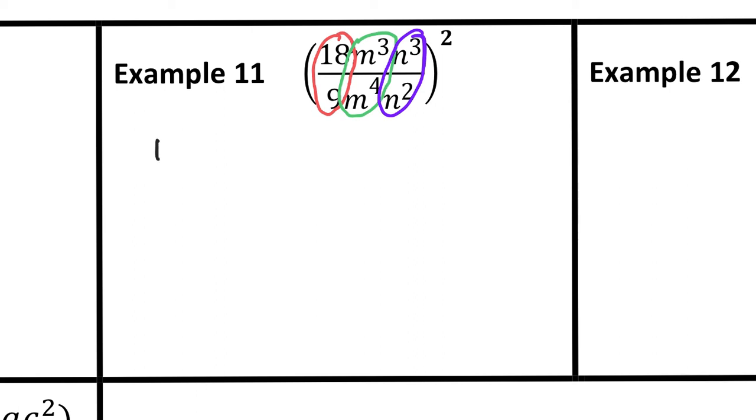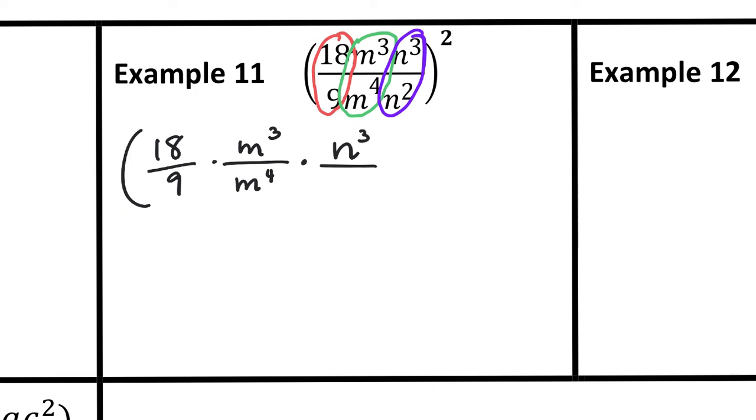Okay, so here we have 18 divided by 9. We have m to the third divided by m to the fourth. And then we have n to the third divided by n squared, and everything is raised to the power of 2.